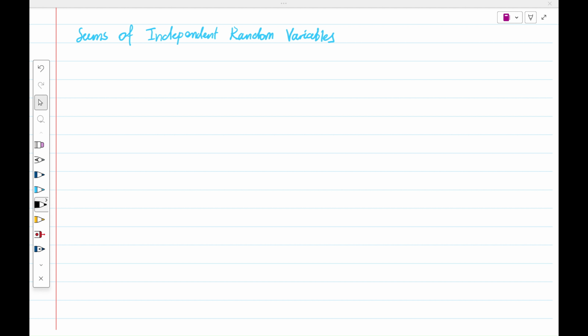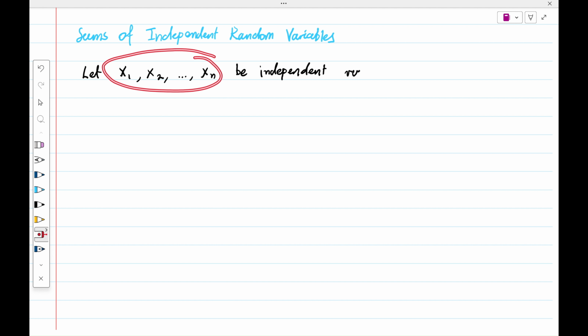probability generating functions and independent random variables. So suppose we have x1, x2, xn are independent random variables. All right, so I've got n random variables, each of them independent of the next.